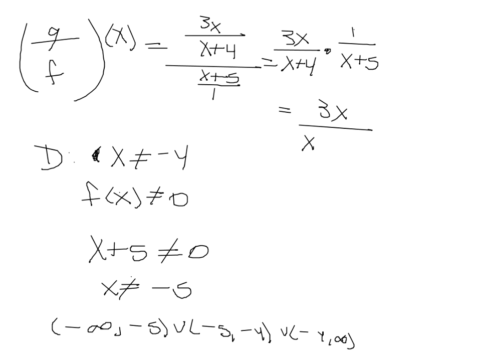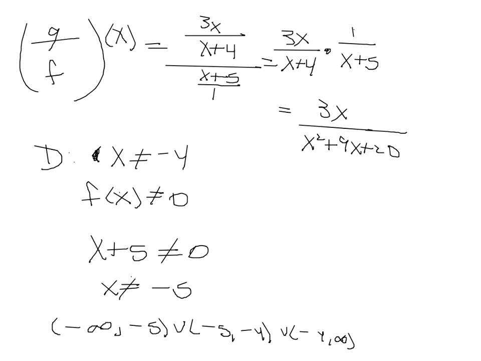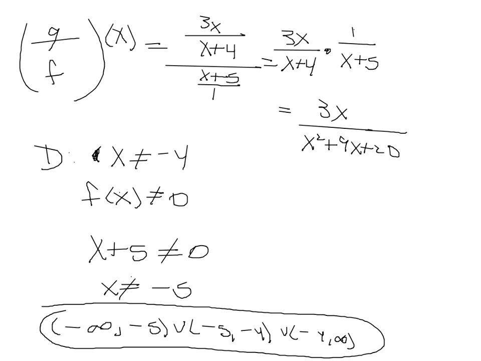And we get 3x over x squared plus 9x plus 20, because we've expanded x plus 4 times x plus 5 several times now. Notice that it is the exact reciprocal of g over f. So f over g and g over f, they're reciprocals of each other. But their domains are different, because what's on the bottom, dividing, possible division by 0, is different.